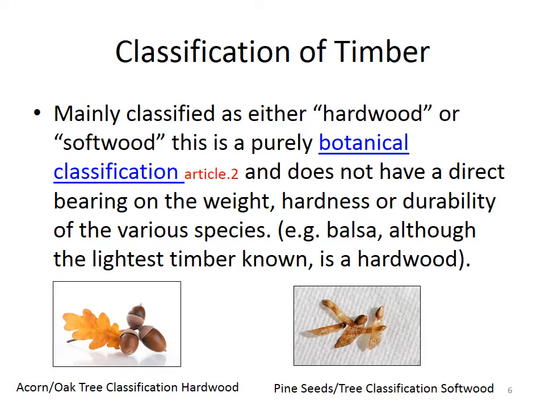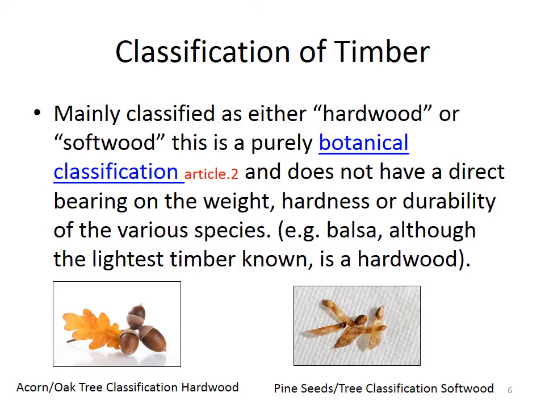When timber is referred to as hardwood or softwood, it does not have a direct bearing on the weight, hardness or durability of the various species of timber. For example, balsa, although the lightest timber known, is actually classified as a hardwood.